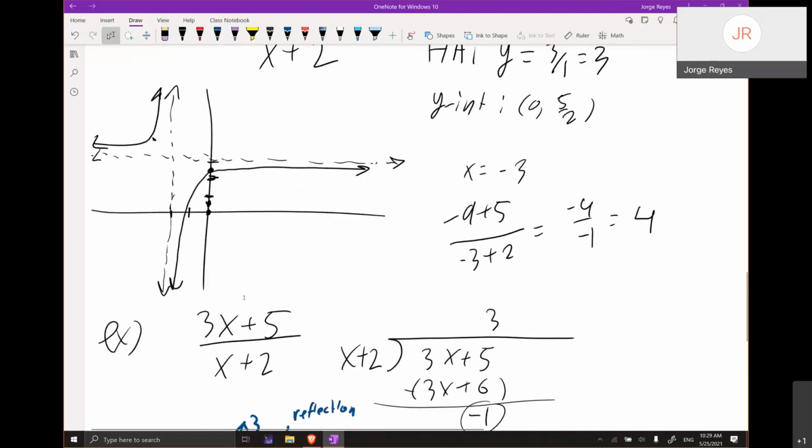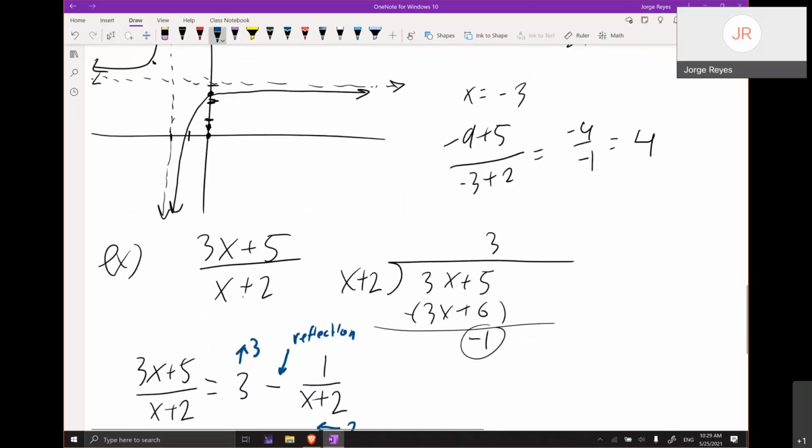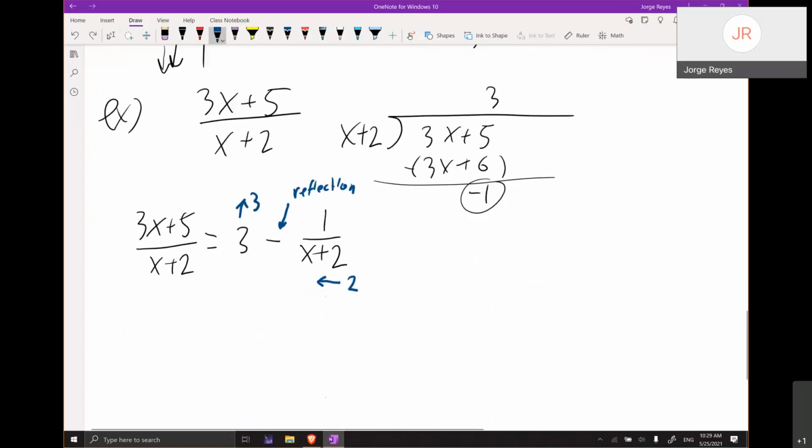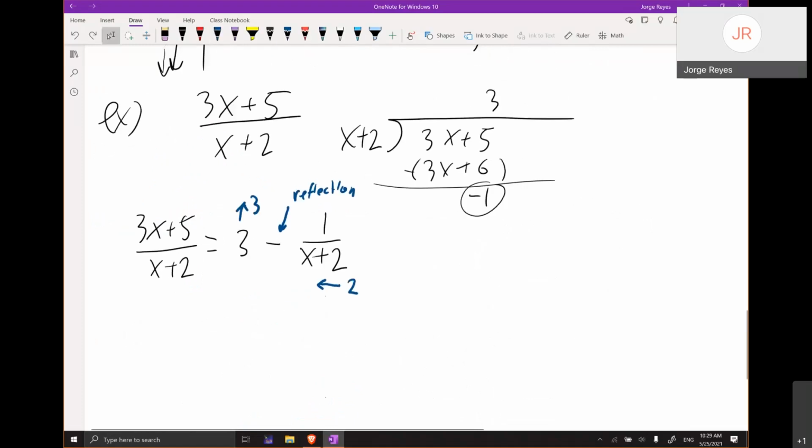If you notice, that is correct. I took the original, the reciprocal function we all memorized, and I went over 2, up 3, and then I flipped it, because normally this one's on the bottom and that one's on top, but then I flipped it. So this is an extremely fancy trick if anyone wants to try this.